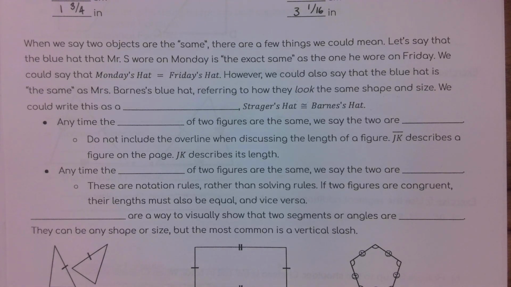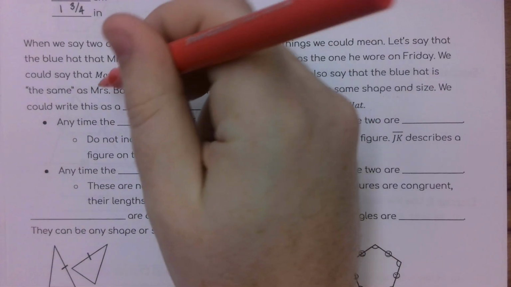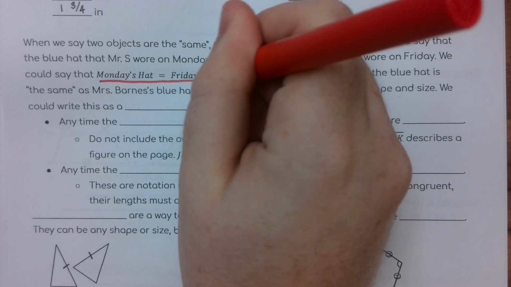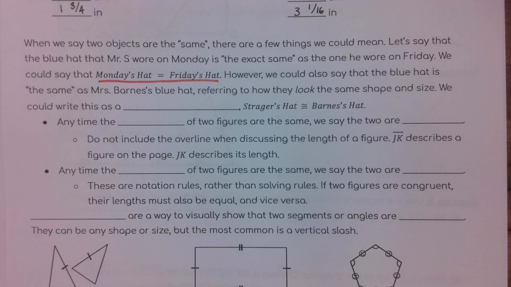When we say that 2 things are the exact same thing, like they're identical, they're just one thing, we use an equal sign. Monday's hat equals Friday's hat. But what if we meant the same in a different way? For instance, let's say that I had a blue hat that I wore, and Miss Barnes had a blue hat that she wore.